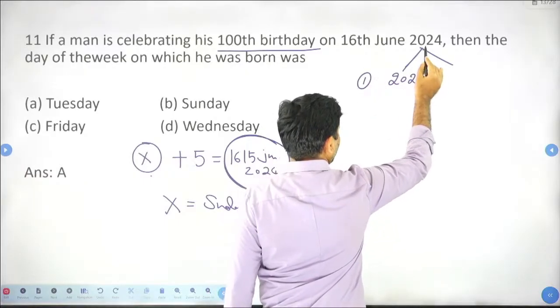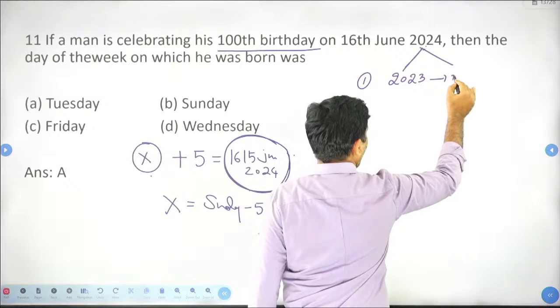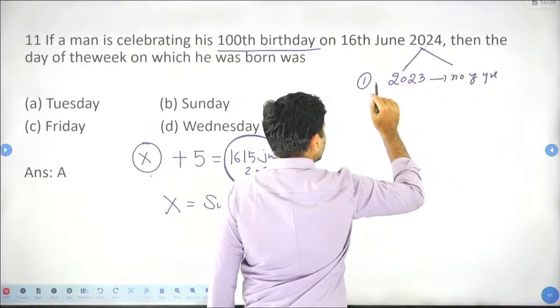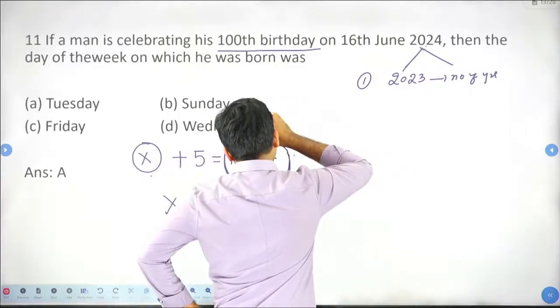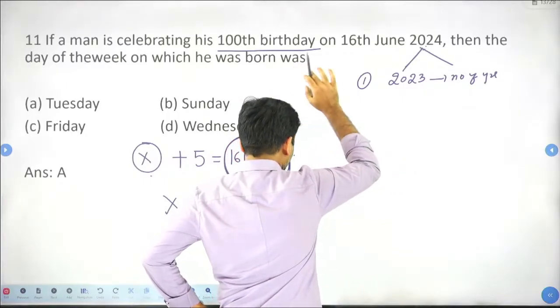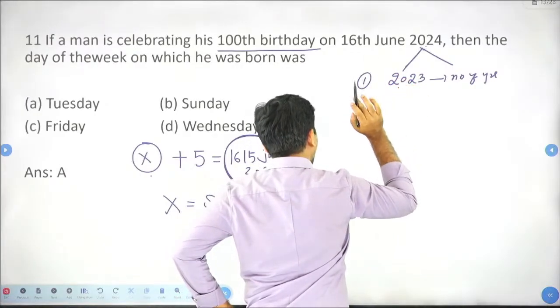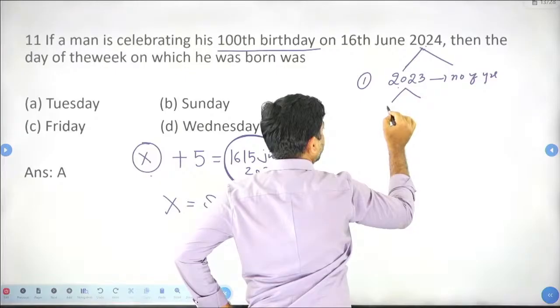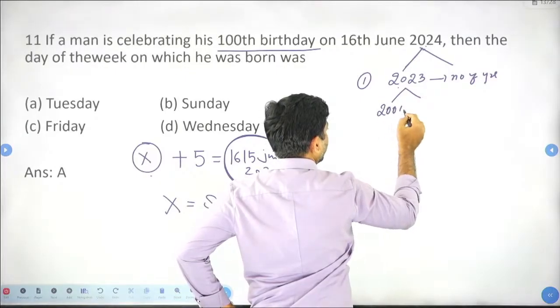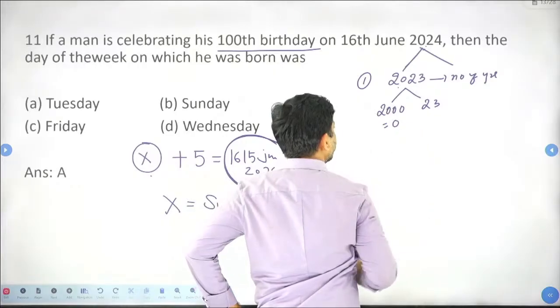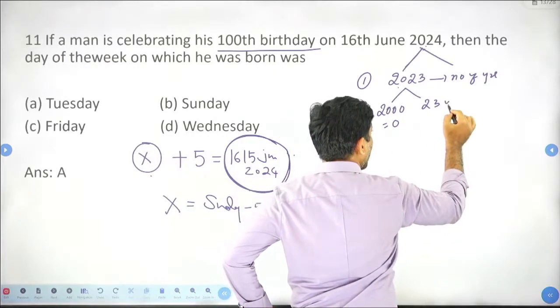First one is take 1 year less. This is called number of years completed. So from the first day, it means first day of first year till 2023, how many odd days will be there? You have to find this. Again divide like this, 2023. 2000 years means 0 odd days. 23 years means how many odd days?